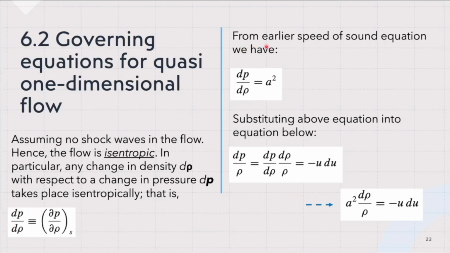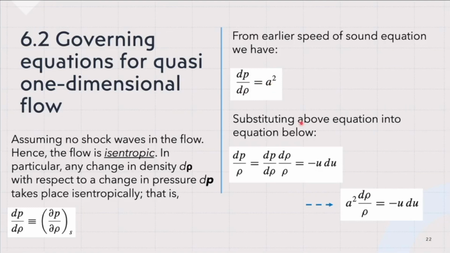From our earlier speed of sound equation, we know a is our speed of sound, so the change of pressure over the change in density is equal to the speed of sound squared, right?